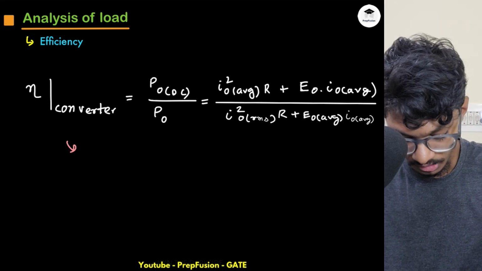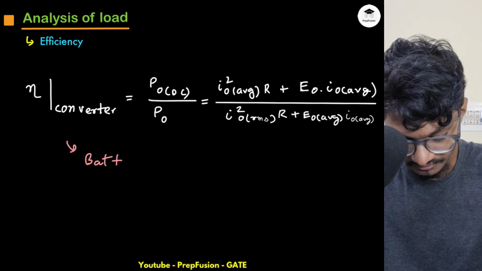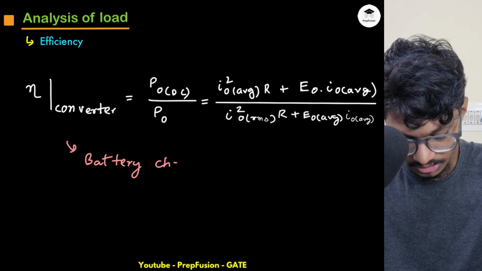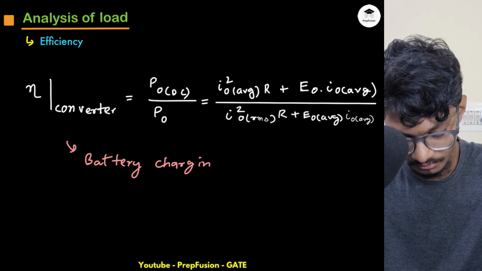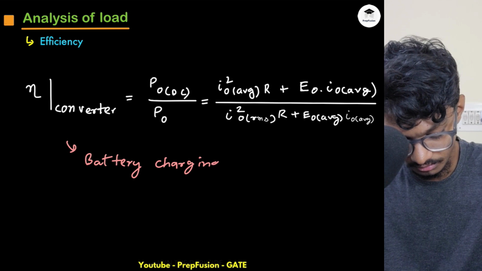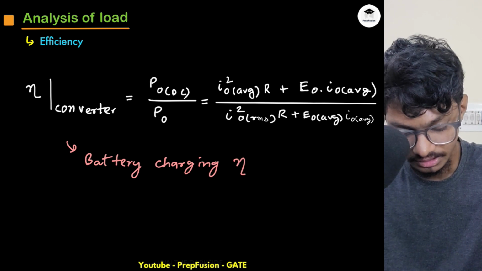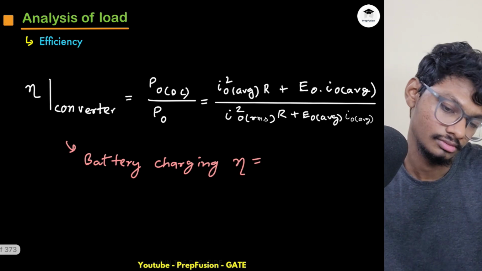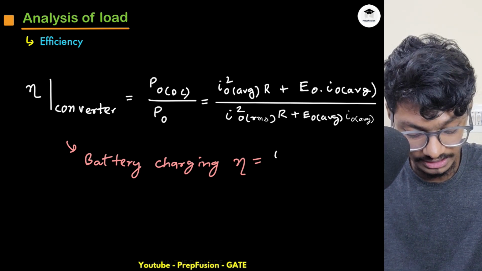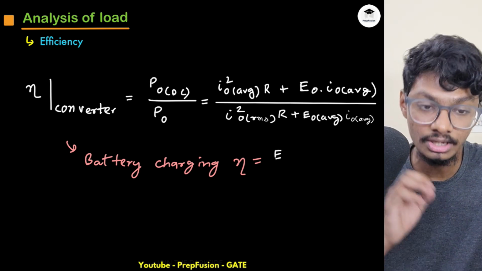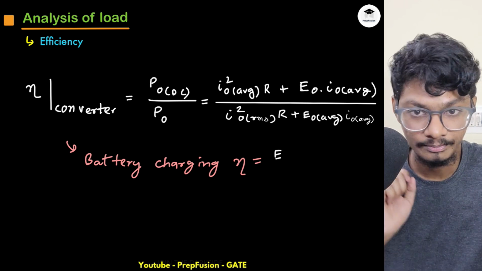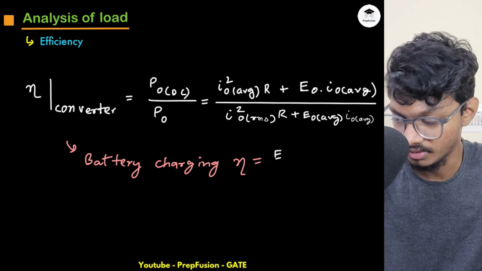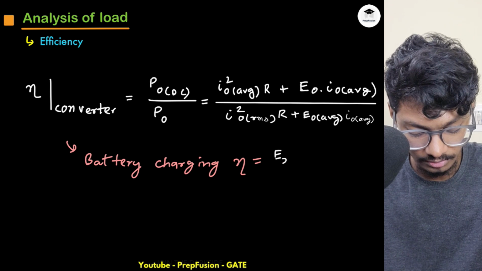Now they can also ask for efficiency like this, that is the battery charging efficiency. What will that be? That will simply be EO into IO average, because I am just computing the power I got due to the charging of the battery, not the power that has been dissipated in the resistor. That is not much useful to us.